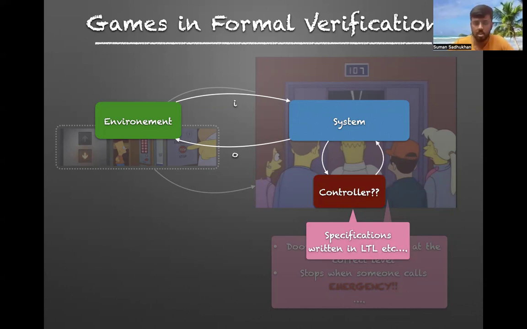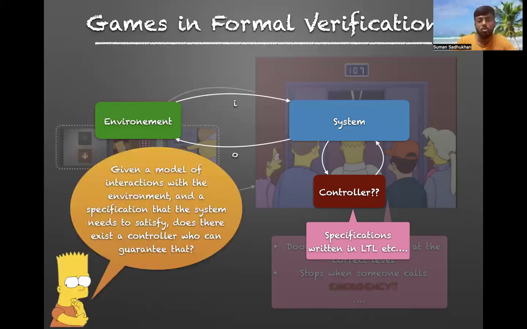And we ask typically whether there is some controller that tells the system what to output, such that the controller and the system satisfy the specification that's also given. We are interested in synthesizing such a controller, or seeing if, in a given environment or system interaction and given specification, such a controller exists or not.